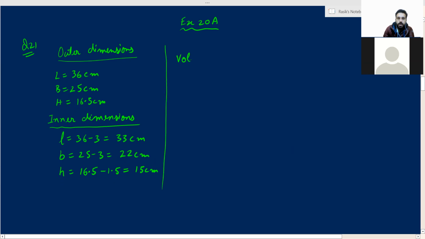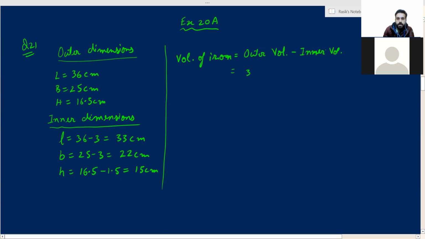Okay. Now the concept will remain the same to find the volume. The volume of the iron will be outer volume minus inner volume.